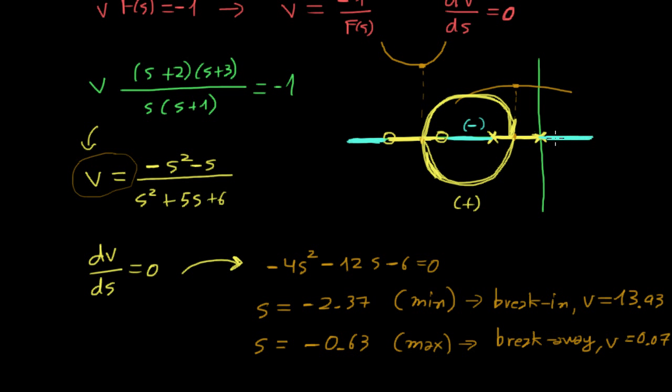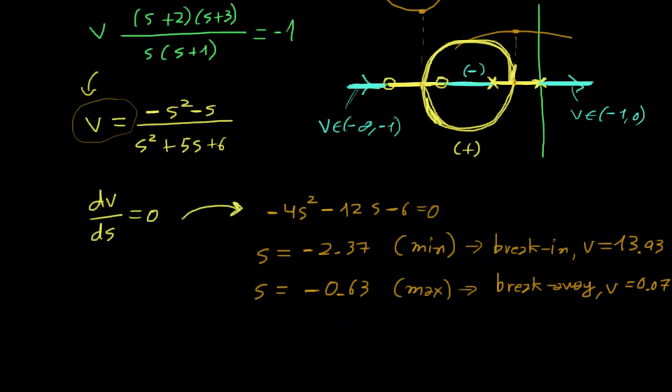They are the same branch. The only thing is that in this part v belongs to minus infinity, minus 1, and in this part v belongs to minus 1, 0, but they're actually the same branch. It sort of starts here and ends here.